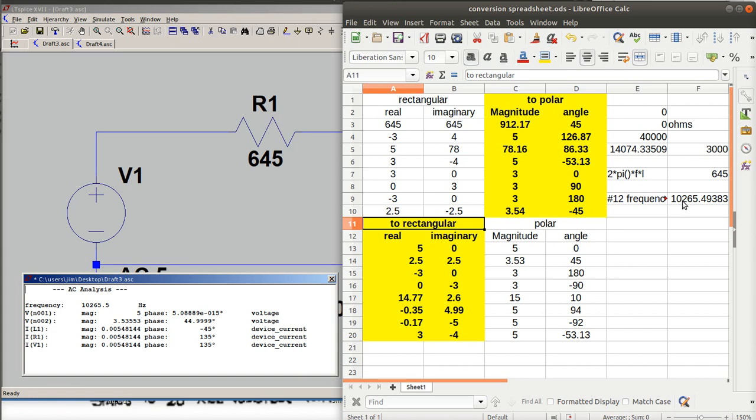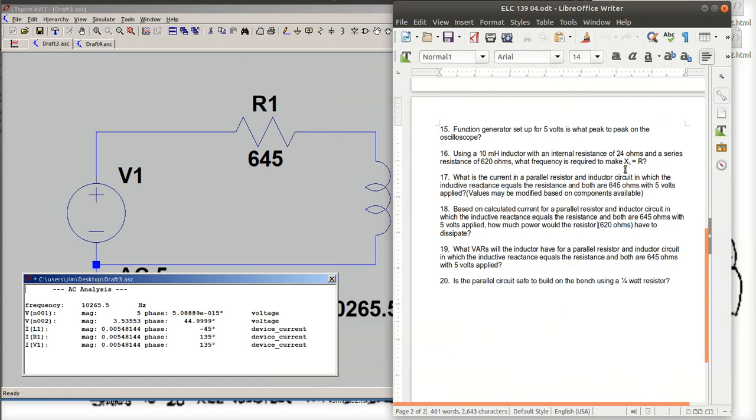And that is the frequency where my inductive reactance is 645, and my resistance of the whole circuit would be 645, counting the internal resistance of the inductor. What is the current in a parallel resistor inductor circuit in which the inductive reactance equals the resistance, and both are 645?